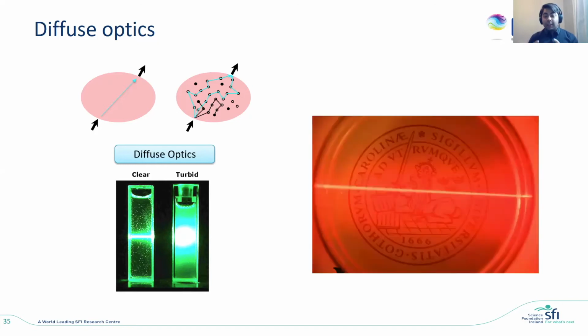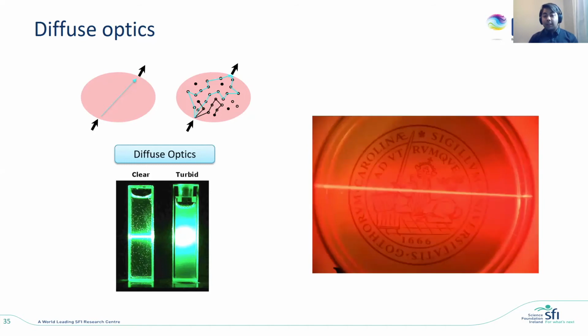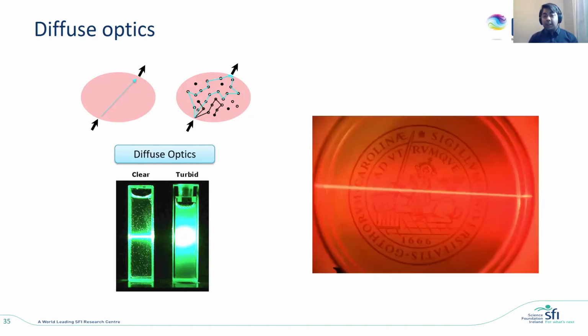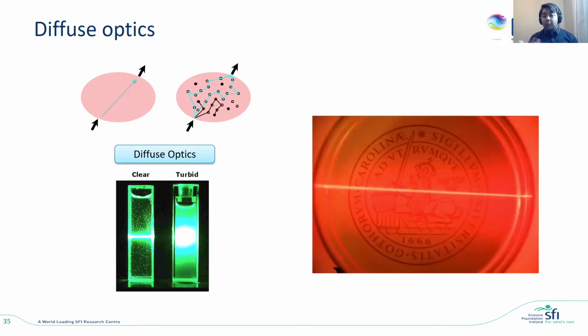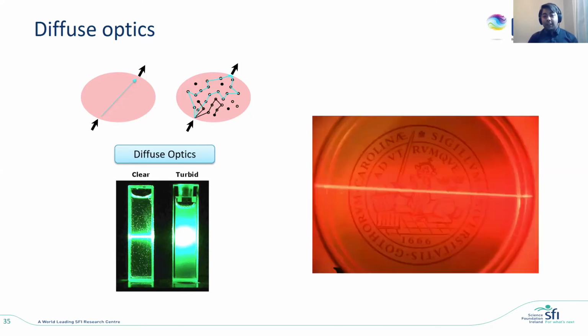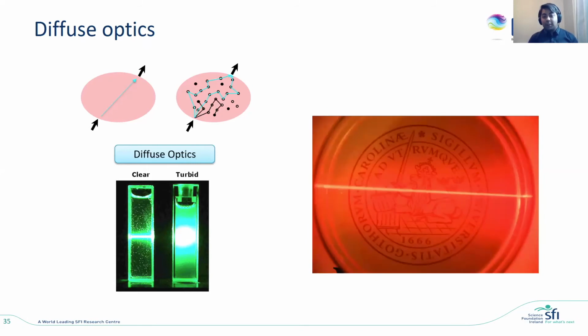This is the top view of a glass of water with some light scatterers and a laser pointer pointed to the other side of the glass. Once we increase the light scattering in the medium, you see that it's very unlikely that the light of the laser pointer will reach the other side. So actually the light becomes very diffused all over the medium. And this is what happens in diffuse optics.